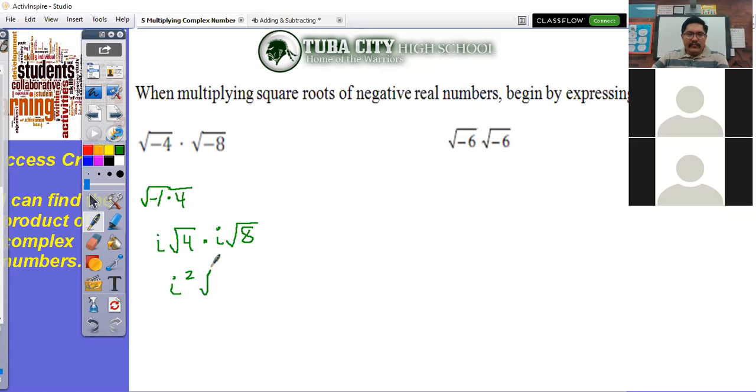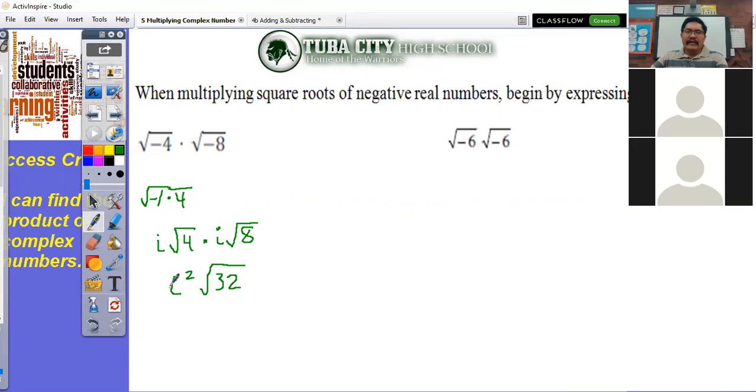And this should be root 32. Now I'm thinking we should simplify root 32. And like I said, you could probably simplify it before, but I think that might add a layer of confusion. So I'm just going to stick with it like this for now.